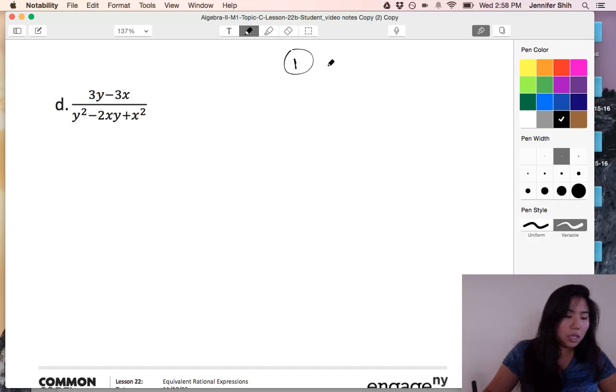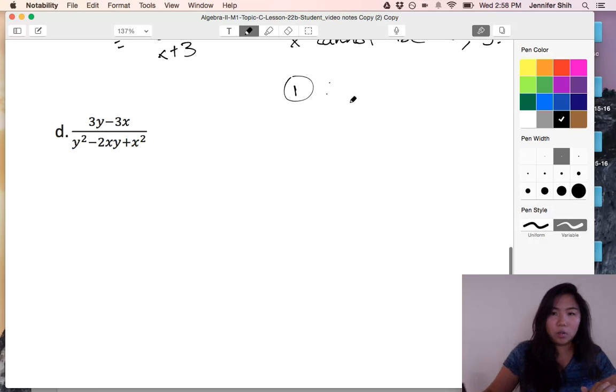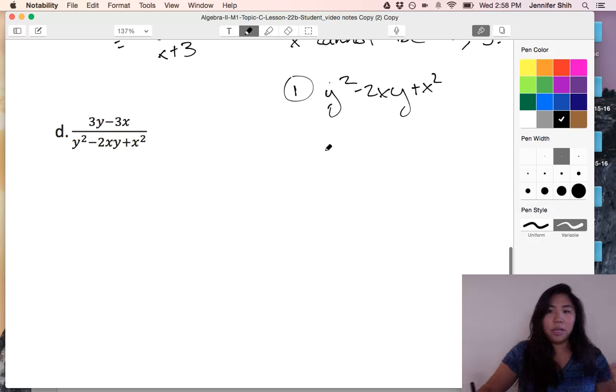So I'm going to take a look at this and I'm thinking, okay, if y squared minus 2xy plus x squared is my trinomial, what if I found factors of x squared and y squared that added to negative 2xy?